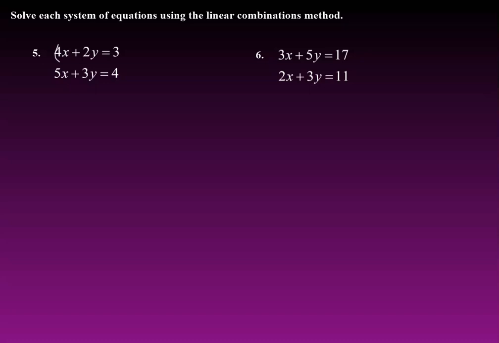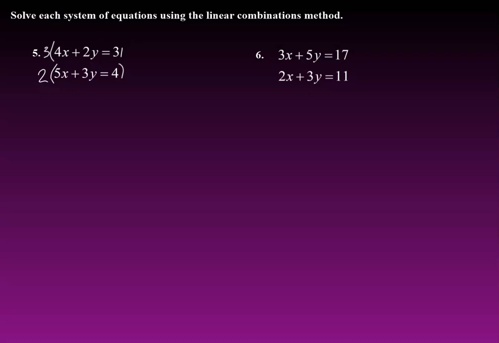So if I'm going to eliminate the variable with the smallest coefficient, that means the first equation I'm going to have to multiply by 3 because that's what's in the second equation. And the second equation I'm going to have to multiply by 2 because that's what's in the first equation.